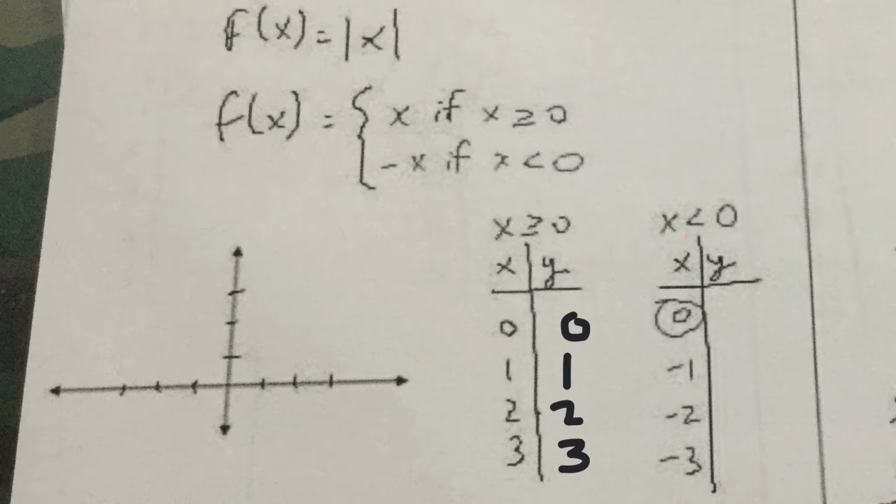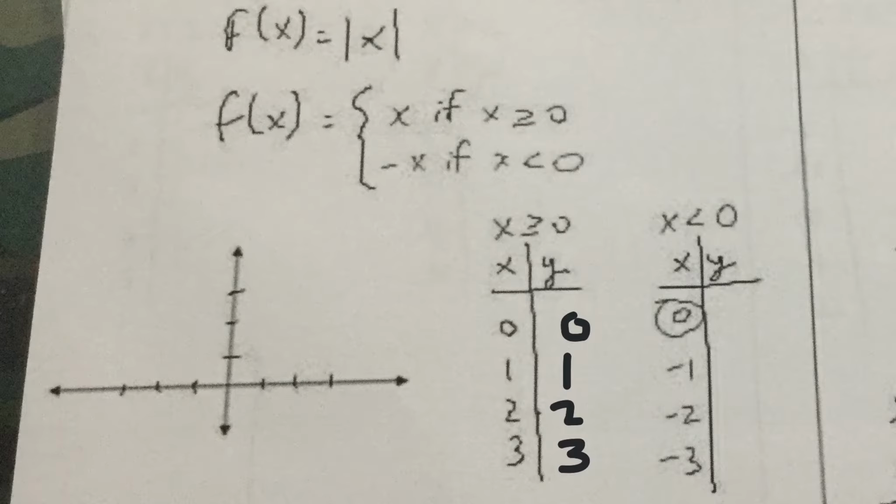Like negative 0.000001 is valid. Negative 0.00000001 is valid. So to signify that, we're going to plug in 0 because we can get all the way up to 0 without including it. And we put that open circle around it so we know that this is actually not a point, but everything leading up to it is a point.